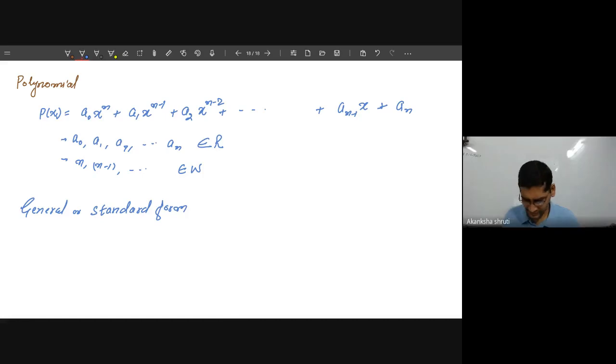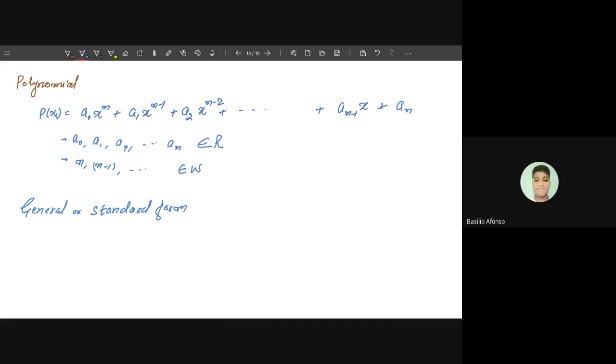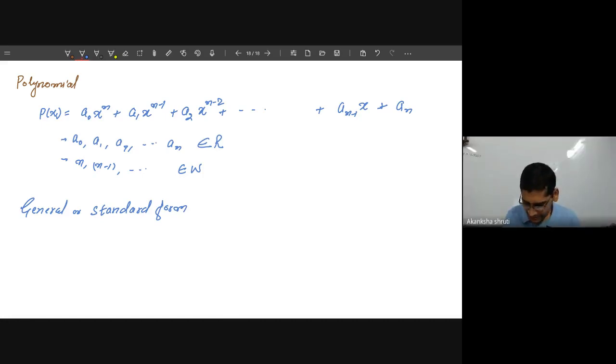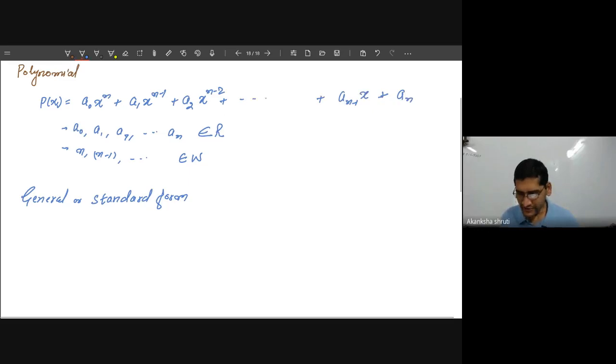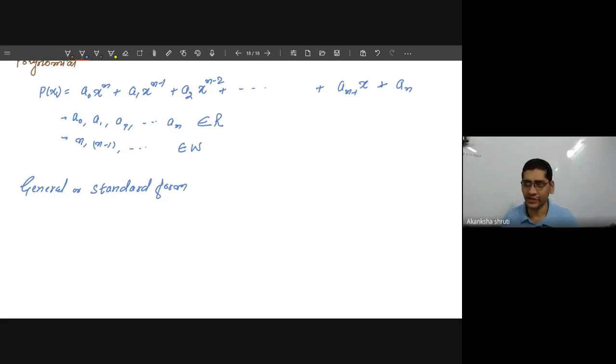Sir, can you explain the general form of quadratic polynomial? Yes. So general or standard form, depending on their degree, they were named. Very first was the zero polynomial, that was zero itself. Another was the real polynomial, that was any real number.